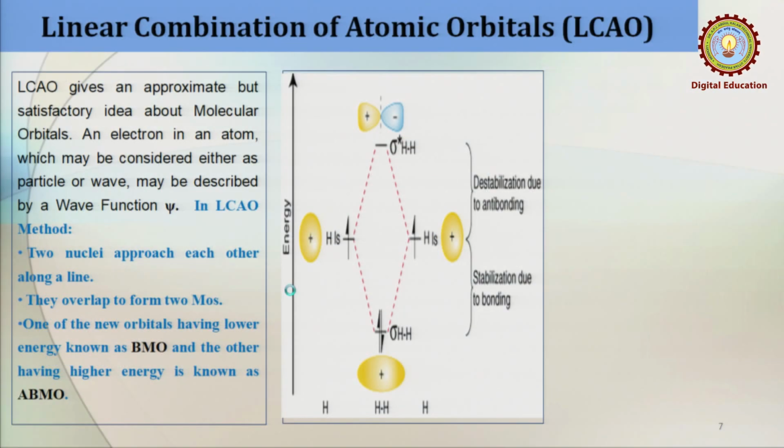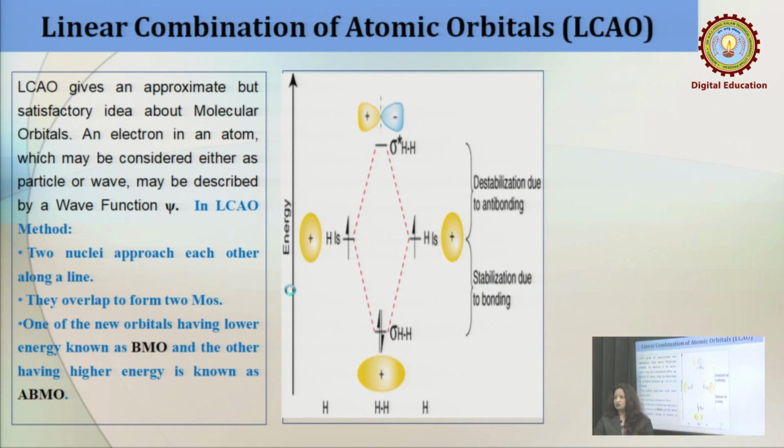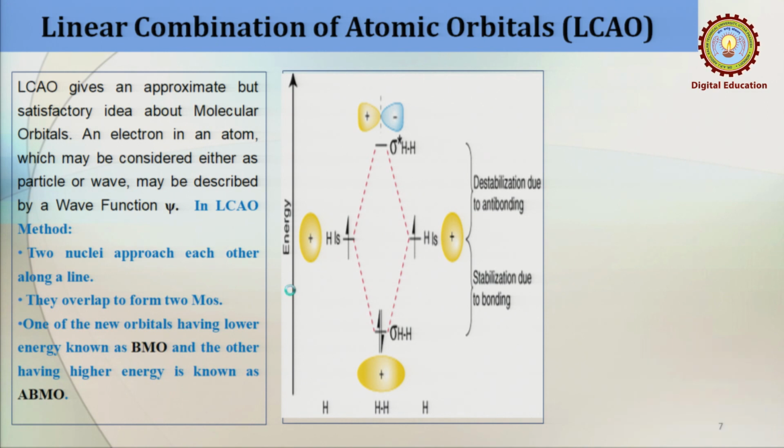Let us see how. This slide shows two atoms, hydrogen and hydrogen. This is an example of the formation of the hydrogen molecule, H2. Here we can see two atoms of hydrogen, each containing one electron, and when they overlap, LCAO gives an approximate but satisfactory idea about molecular orbitals.